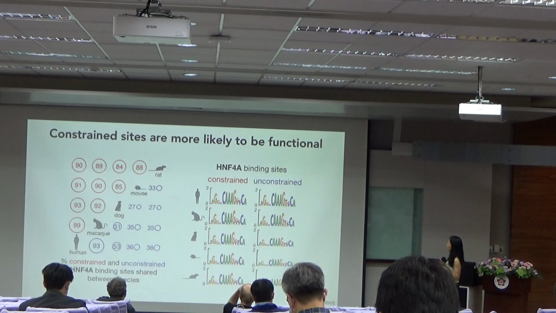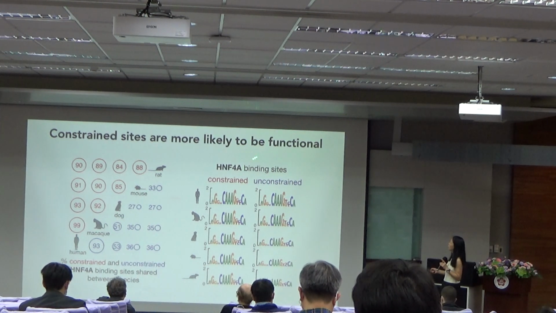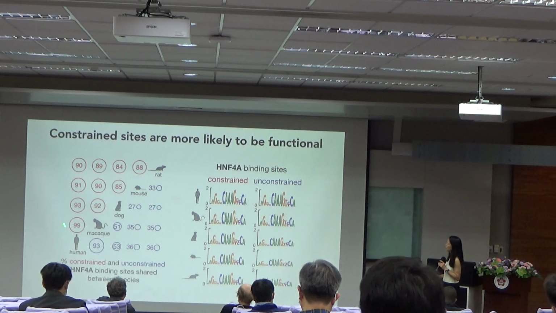We did a number of analyses to show that these constrained sites are more likely to be functional in individual species. So we looked at a bunch of species here with ChIP-seq data in the individual species, and the constrained sites here have higher logos than unconstrained sites.